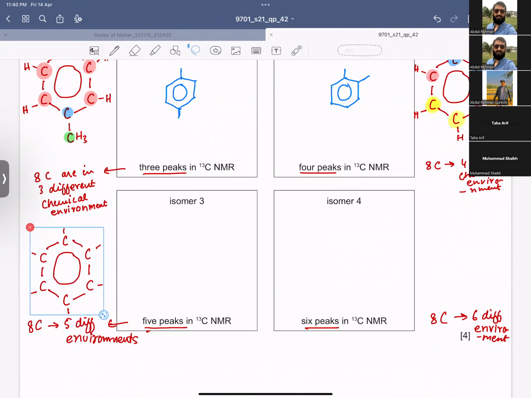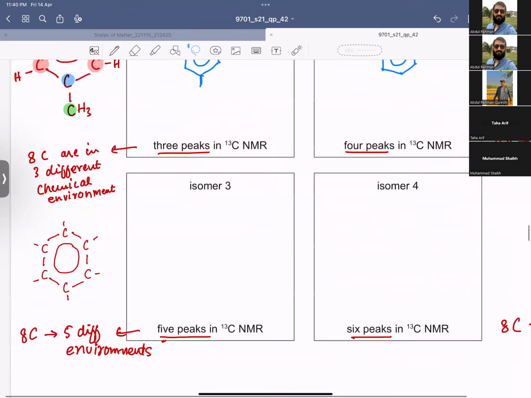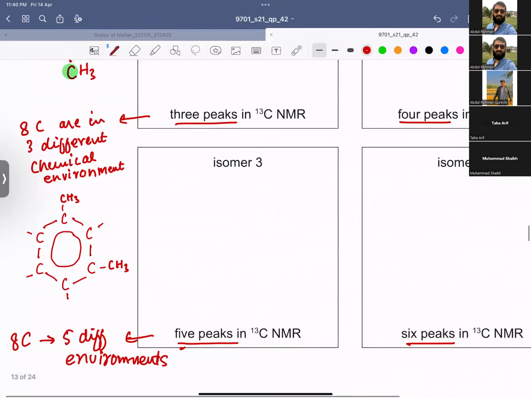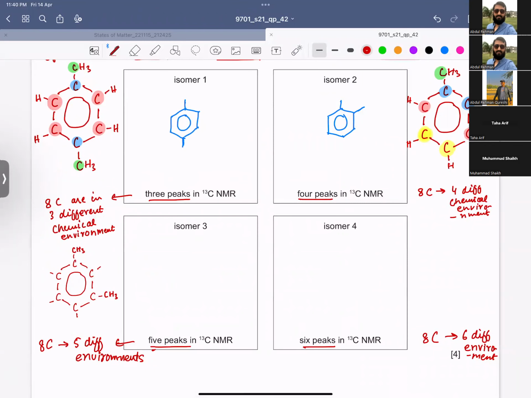Now, the one possibility that is left is that the CH3 is bonded to one carbon and then to the next carbon.